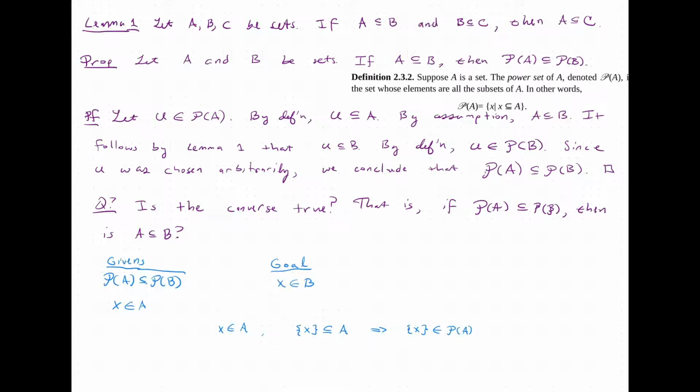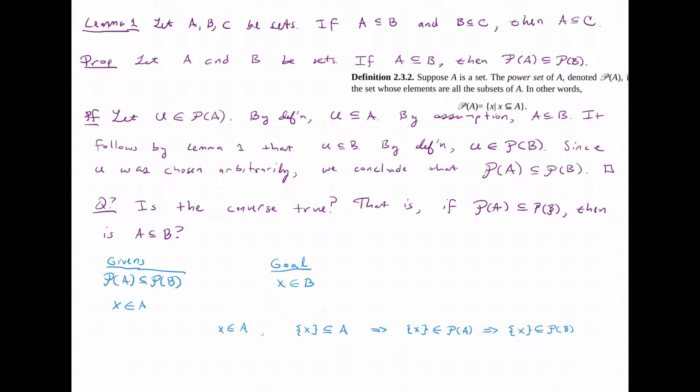But now, if we have an element of the power set of A, that element must be in the power set of B, because we have this assumption: the power set of A is contained within the power set of B. And so we would have that {x} has to be an element of the power set of B.